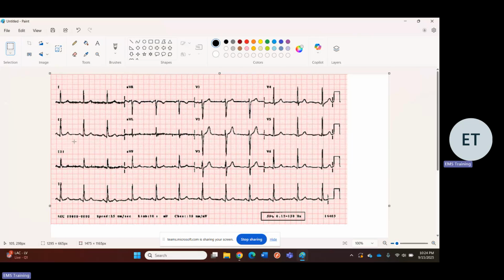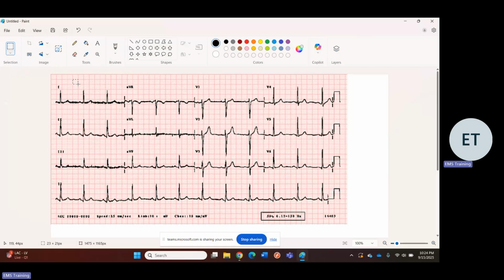So let's just get into some basics of math here. Inside one of these big boxes are 5 little boxes. Each one of those little boxes, the 5 inside of here, are worth 0.04 seconds apiece.